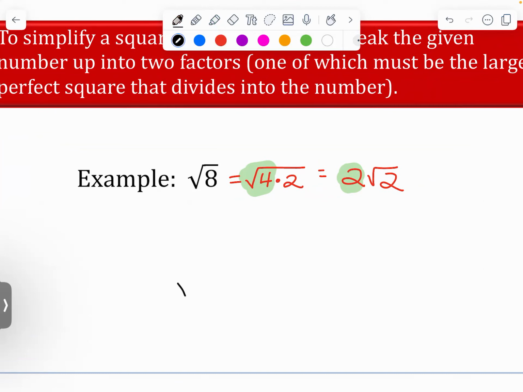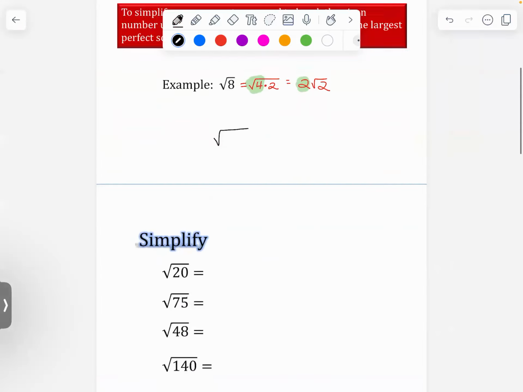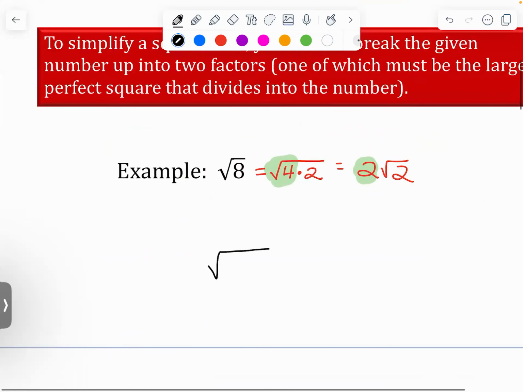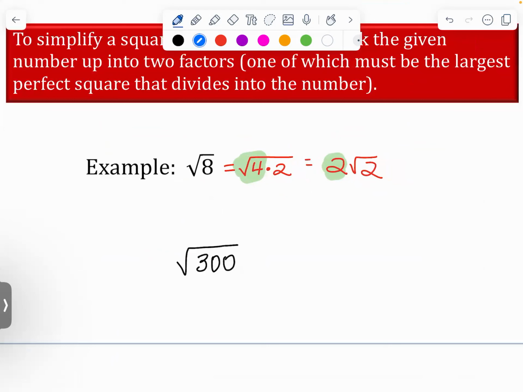Okay, what if I had the square root of 300? So 100 times 3 is 300.